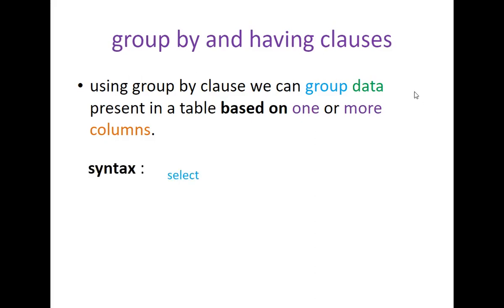So in the select list, normally what will be there? It can be any column name or any column name associated with aggregate functions, right? Max of age, min of age, anything like that. Otherwise, any functions, whatever it is. But with group by, in the select list, there is some condition.